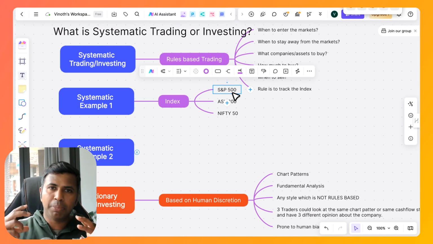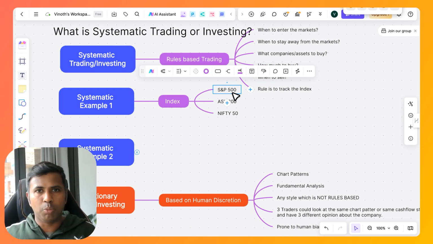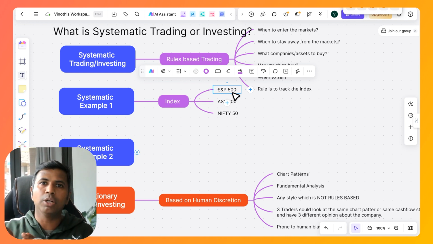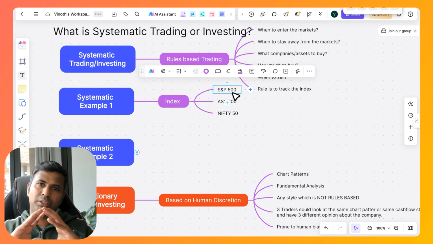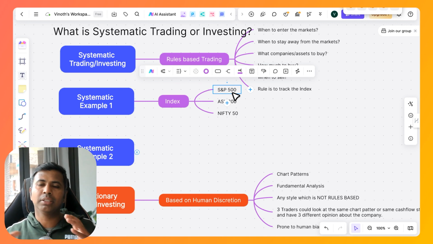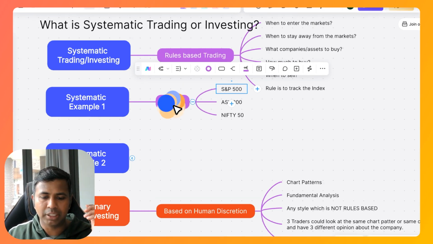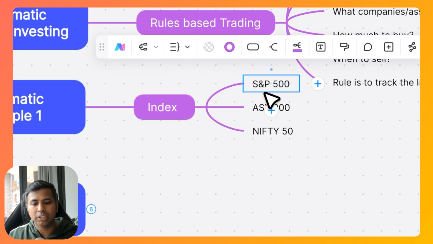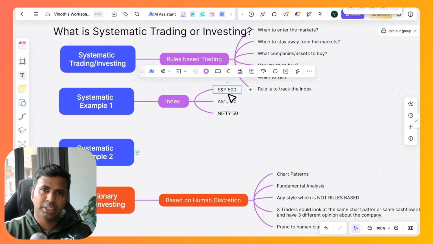Some of the companies within the index tend to get bigger and stay in the index, and once others become smaller, they are removed from the index and replaced by a newer entrant. So our systematic approach is to just replicate the index. There are some variants in index investing as well. The usual style is to replicate the actual index itself, so the larger the company, the more weight it receives in the strategy.